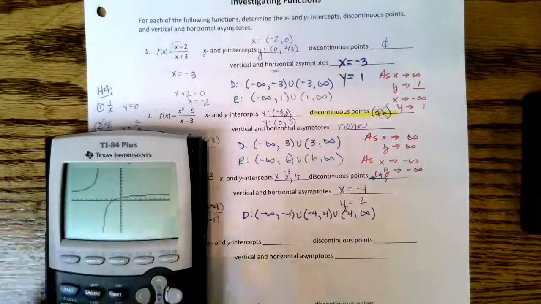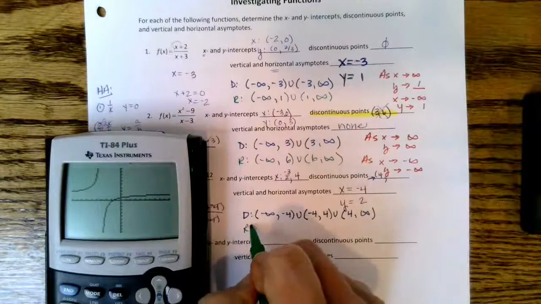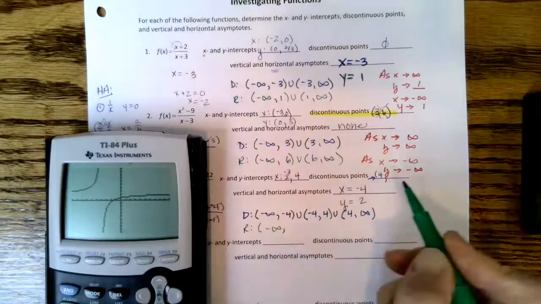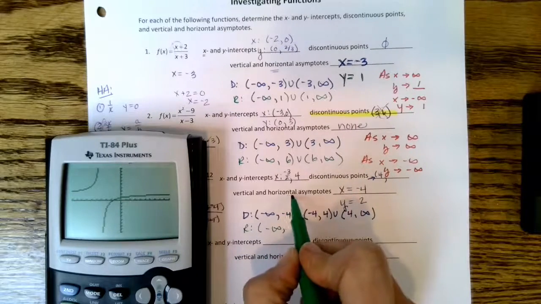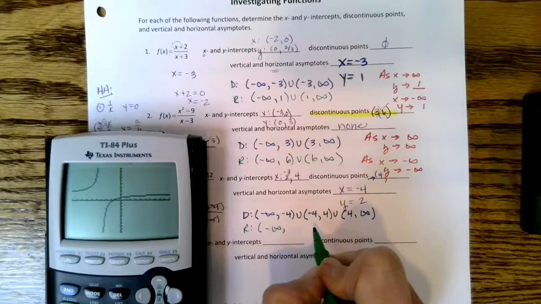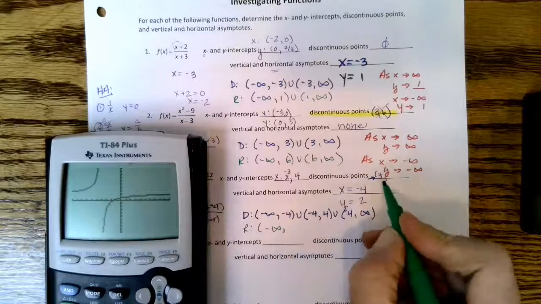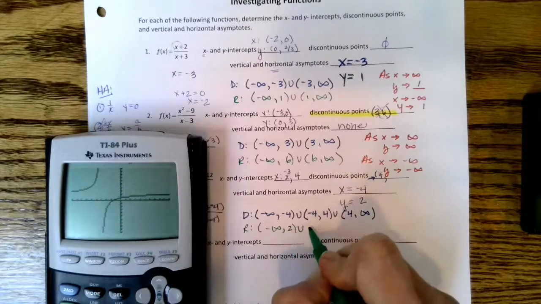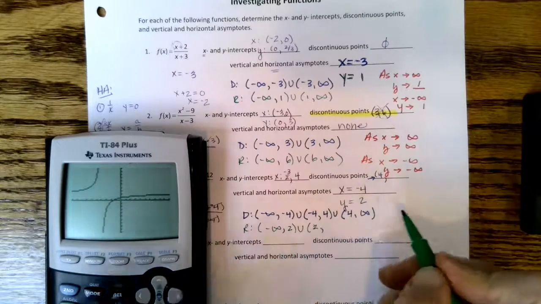When I talk about my range, values are going to have negative infinity up to this horizontal asymptote, which is going to be at 2, with the union of 2 up to.